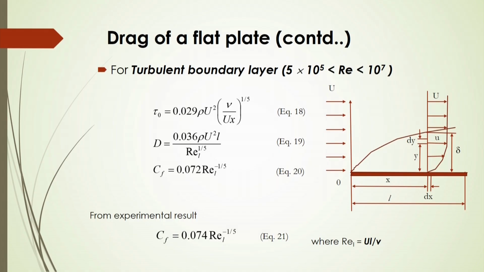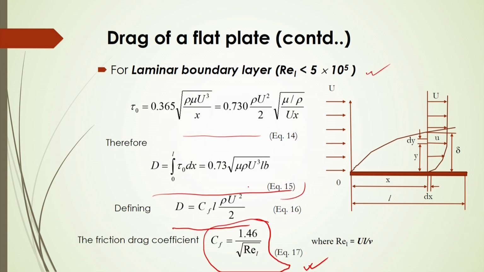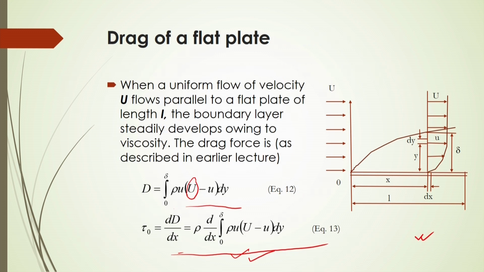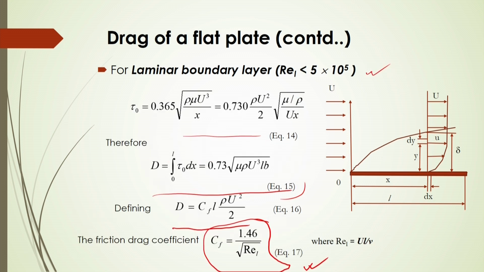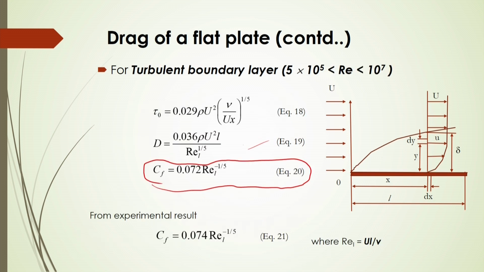Now, if we consider the turbulent boundary layer, then again we have the shear stress after integration of equation number 13, and the drag comes as per equation number 19. Then comparing with the general definition of the drag force, you can get CF, the friction drag coefficient, equal to 0.072 into REL to the power minus 1 by 4.